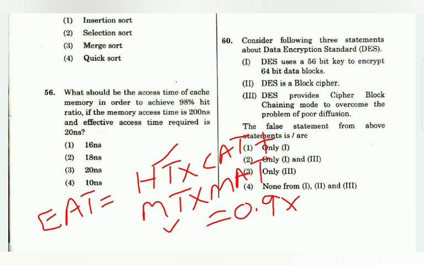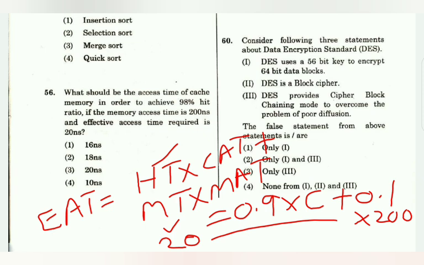So we have to find out the cache access time, plus miss ratio 0.1 into memory access time, 200 nanoseconds. Here effective access time is 20 nanoseconds. If we solve this equation, we will get the answer.